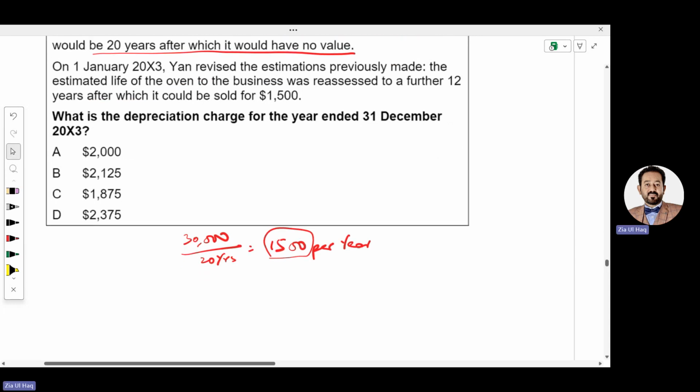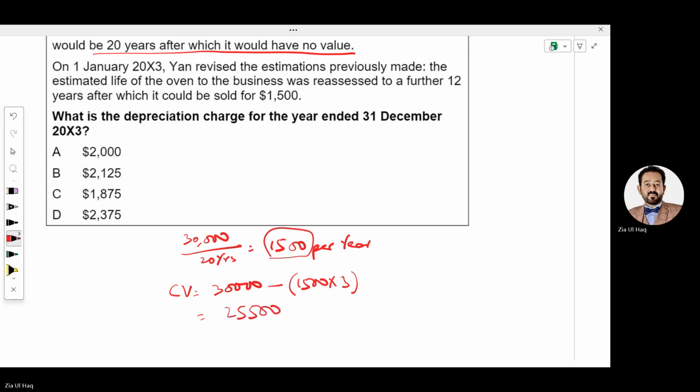So first we need to calculate the carrying value. 30,000 is the cost minus 1,500 each year. How many years have we used? 3 years, 4,500. So 30,000 minus 4,500 is equal to 25,500.